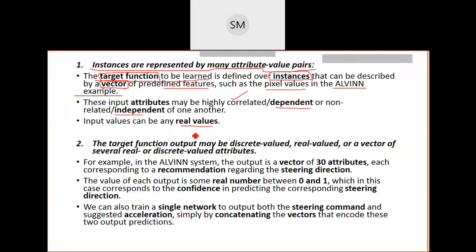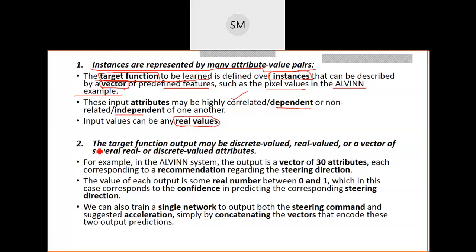The camera is continuously capturing images or video of the highway or road, and that is nothing but our real values. For such problems dealing with real values, we can use the backpropagation algorithm and artificial neural networks.